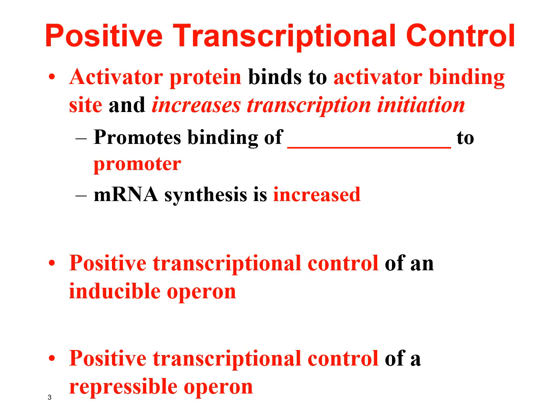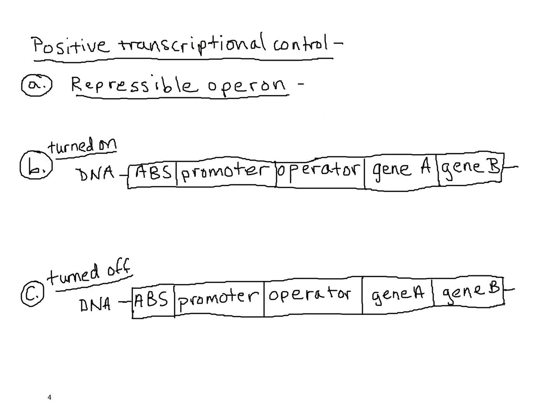We're going to go over positive transcriptional control in repressible operons and inducible operons. Remember, with positive transcriptional control, the regulatory protein we're going to be using is the activator protein. That's what we're going to use to turn the operon on and off.